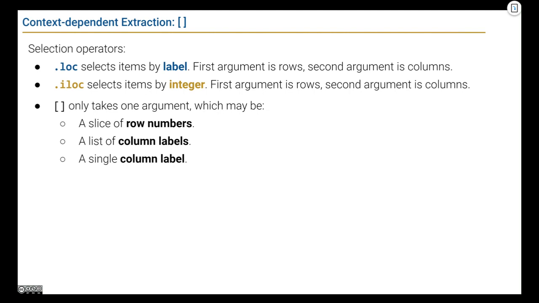It can either be a slice of row numbers, a list of column labels, or a single column label. And then what it outputs is context sensitive. So this is really just to give us a shorthand for some of the most common row number slices and some of the most common column label slices we're trying to do using loc or iloc. Let's see some examples.